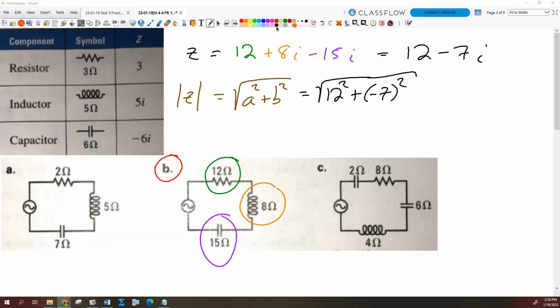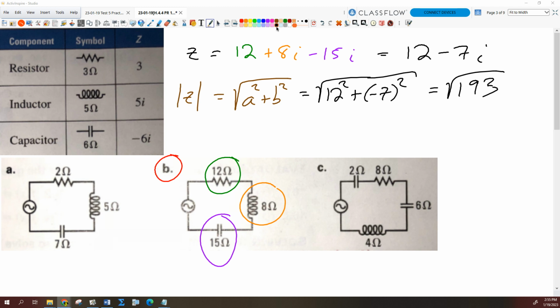plus negative 7 squared, which is, what is that? 144 plus 49, so that's going to be 193, square root of 193. Whatever that is, that's just some number that we could calculate, and that's going to give us the value of the modulus. This is going to be a number.